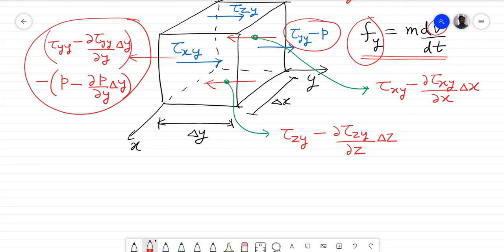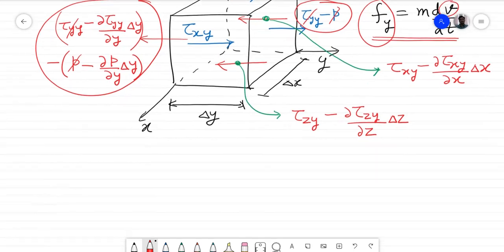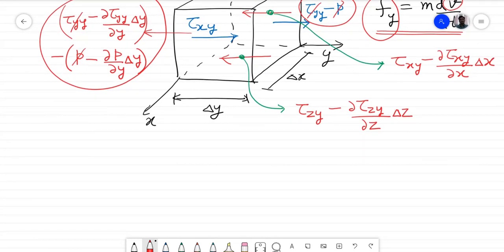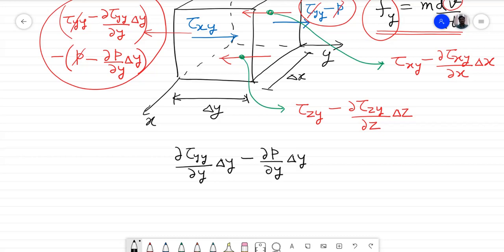So let us first write just the forces. This will be tau yy minus tau yy, these two will cancel out. Similarly, minus p minus minus p, so this and this will cancel out. What will remain, for the normal stress component, is dou tau yy by dou y delta y minus dou p by dou y delta y.